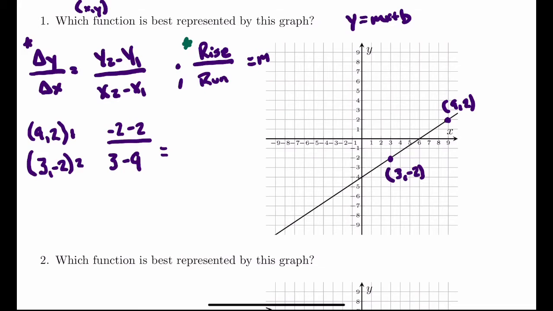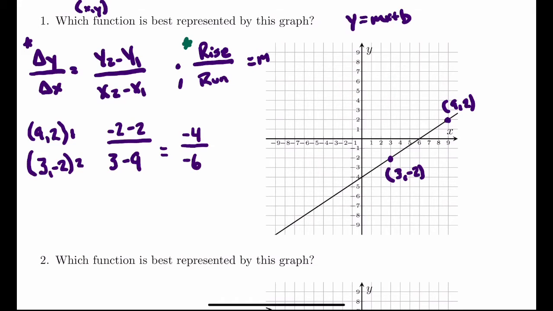So let's solve it. So here, negative 2 minus 2 is negative 4. And 3 minus 9 is negative 6. So we have this slope right here, negative 4 over negative 6.